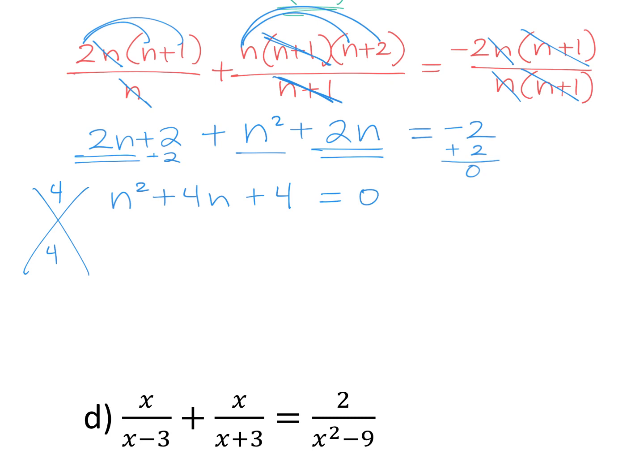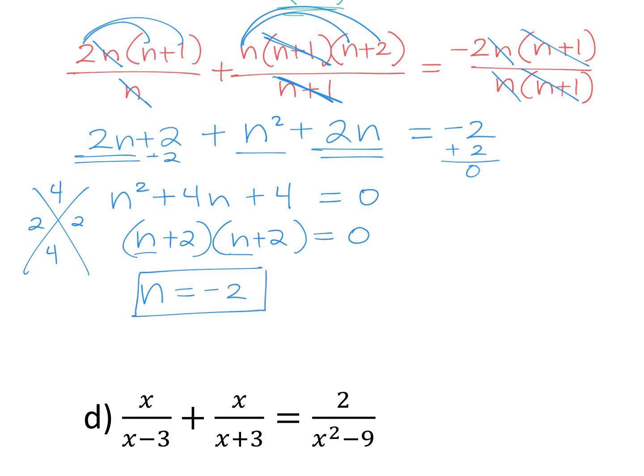What can you multiply to get 4 that you can add to get 4? 2 and 2. So it's (n plus 2) times (n plus 2) equals 0. What is n? -2. And you just need it the one time, right? Because these are both the same. What? And you put n plus 2 in parentheses squared. No, because I want to know what n is, right? We want to solve completely. So I need to know n equals what value?